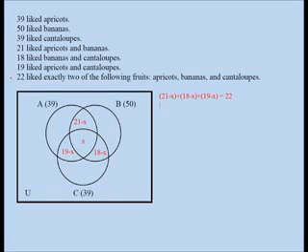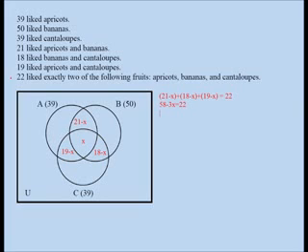If you add 21 to 19, you're going to get 40. 40 plus 18 is going to be 58. So we're going to write 58, and minus x plus another minus x plus another minus x is minus 3x, equal to 22.